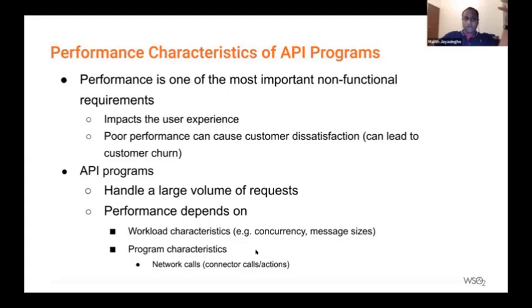Now, one main thing to note here is that for these sorts of programs, what impacts the performance the most is these network interactions. In the previous example which I showed you, you have seen two API calls going out, right?